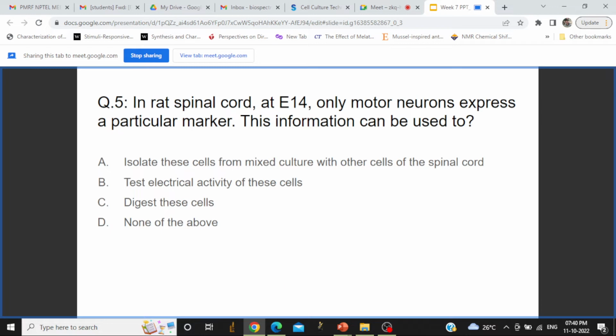From these markers, which type of information can be collected? So the answers are: these markers can be used to isolate these cells from the mixed culture with other cells of the spinal cord, test the electrical activity of these cells, digest these cells, none of the above. So what is the answer? You should be able to answer, as I have explained these things already in the earlier questions.